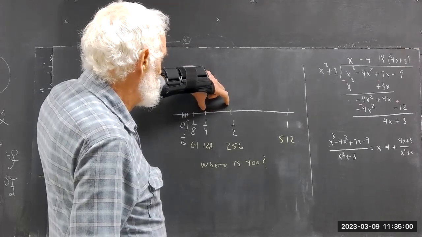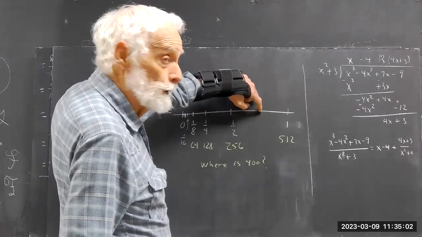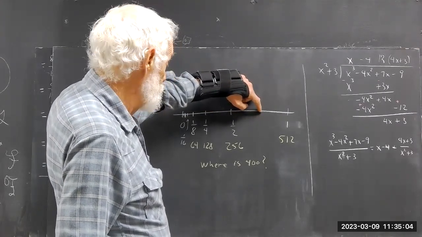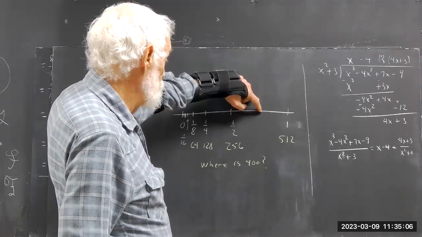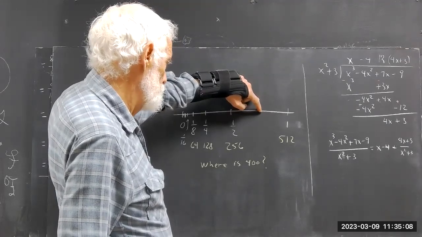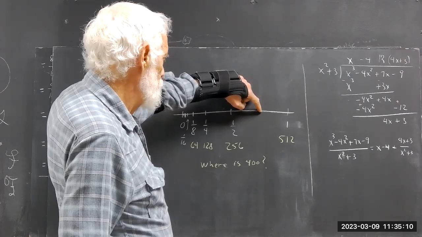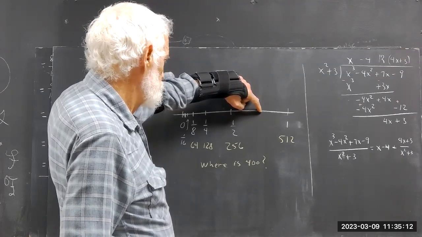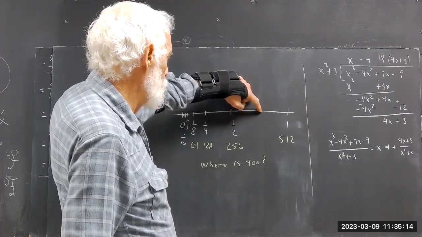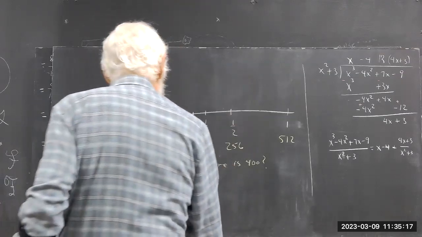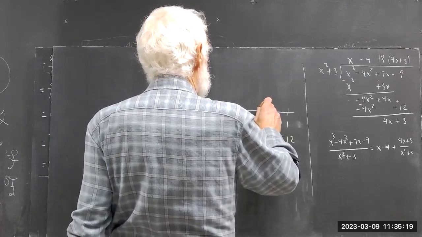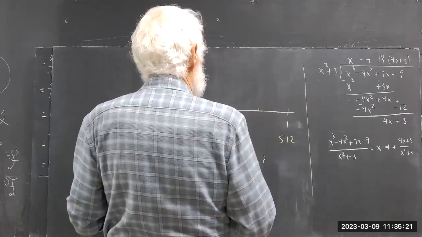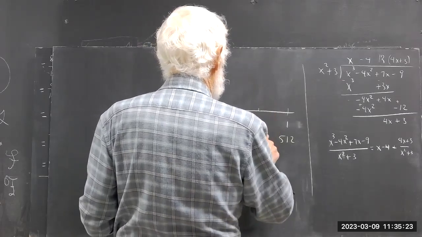I could add my 128 to 256 and get a number here. That's going to be 384. So here's 384.